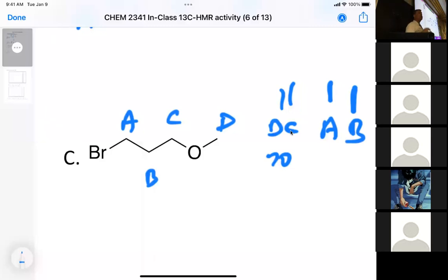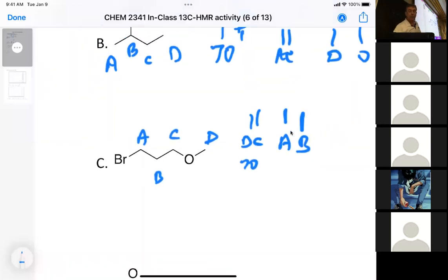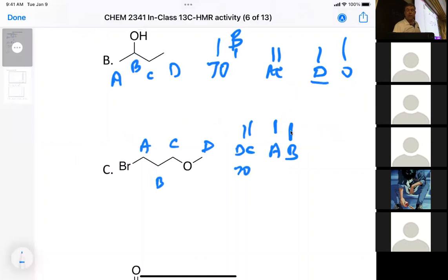But it's also not going to be as low as the methyl groups that we have over here. This is going to be down around 10 or 15. B is probably going to be closer to 20 to 25 because it's got this one with an electron withdrawing group, this one with an electron withdrawing group, and so it's going to pull it. So it's not going to be as far down as here because this is so many bonds away from an electron-rich atom.